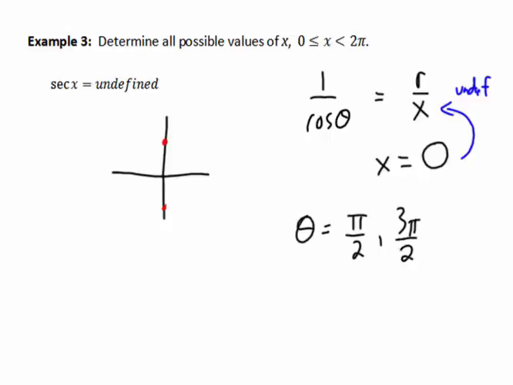So the important piece to get out from these types of questions is that if the value is 1, 0, or undefined, it's going to be a quadrantal angle. And for those quadrantal angles, we're just looking for x and y, and using the circle, which we sometimes call the unit circle. Unit because it has a radius equal to 1, and we can use that to find any of those exact quadrantal values.